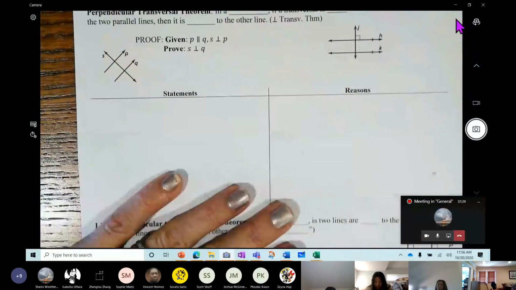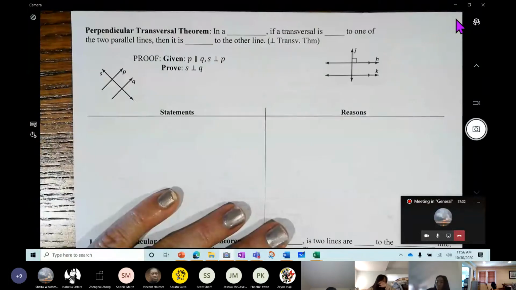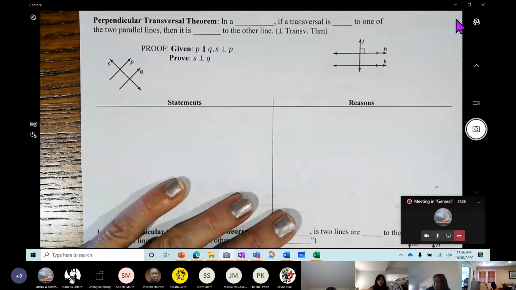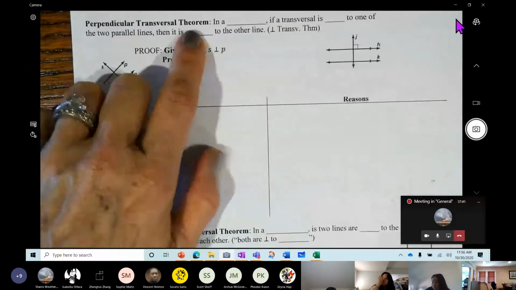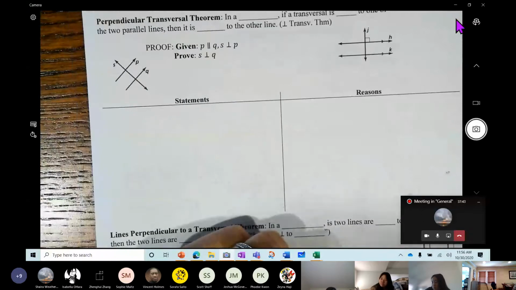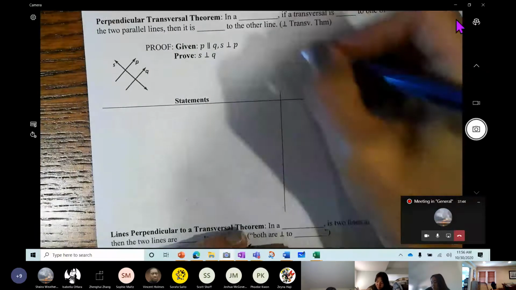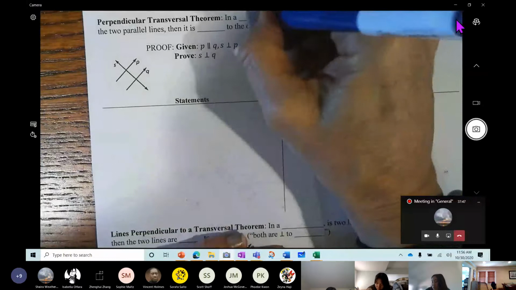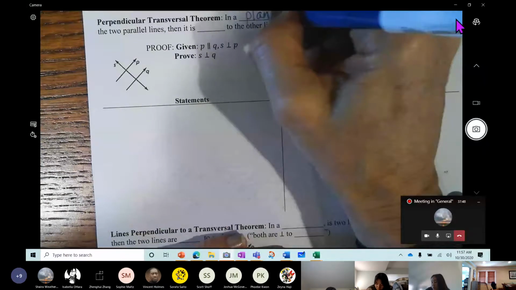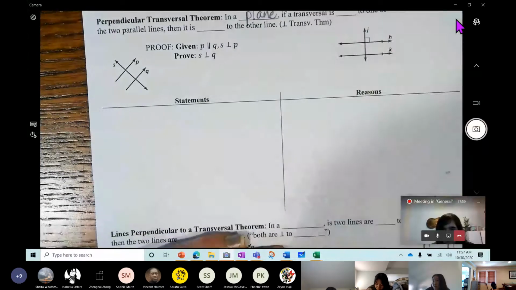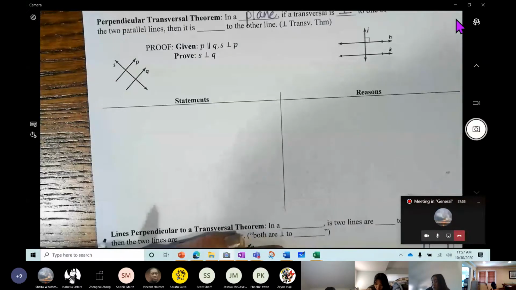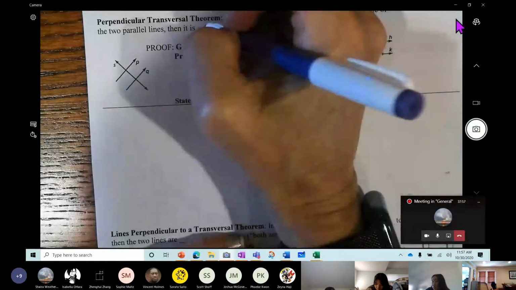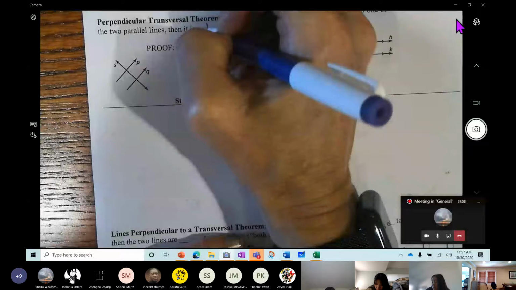And now you can use that theorem. So whoever wanted to use that theorem, now you can use it since we proved it. Okay. Now we have a perpendicular transversal theorem. And what this one's going to say is that in a plane, if a transversal is perpendicular to one of the 2 parallel lines, then it is perpendicular to the other line.